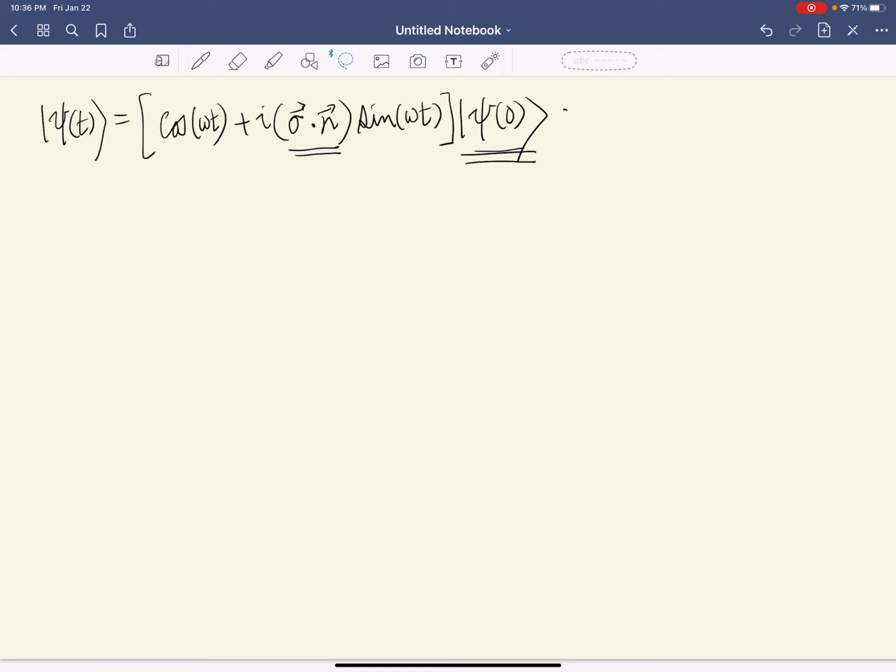Okay, so to make this story a little more interesting, we would have to choose the initial state to be something which is really a linear combination of the n and minus n.